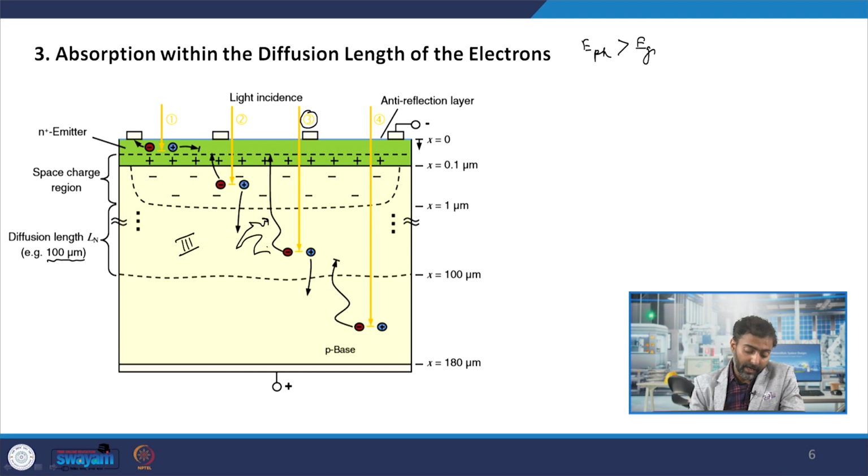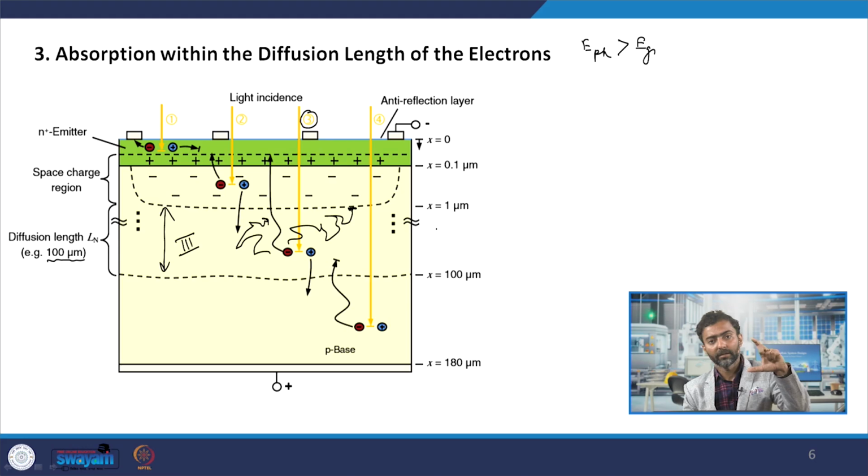Second thing is that we are still within one diffusion length below the space charge region. So what it means is that there is a very high likelihood that while this electron is wandering aimlessly, it might land up near the edge of the space charge region, because it is within one diffusion length. So there is high probability that before getting absorbed, it can land up at the edge of the space charge region.